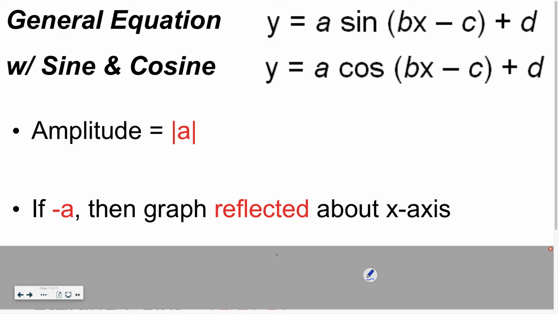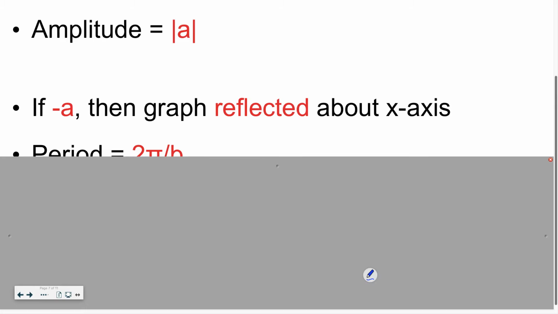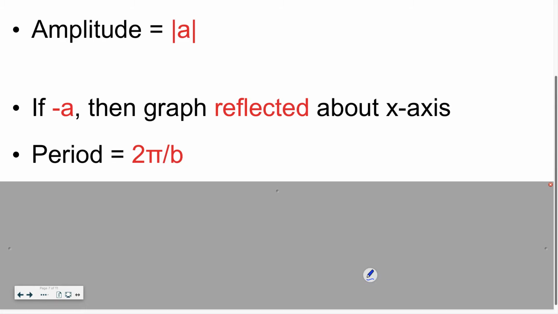So B is going to help us determine what the period is. Now, since our parent graph has a period of 2 pi, we're going to base everything off of that. Okay, so if you have a coefficient that's not 1, you're going to take 2 pi over B, and that's going to be your new period.